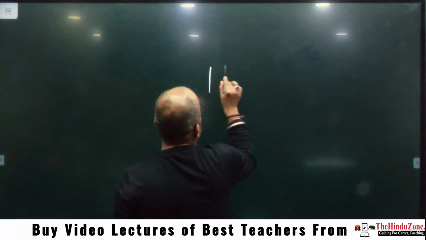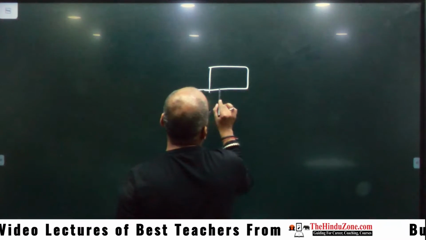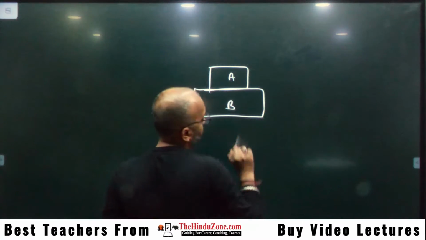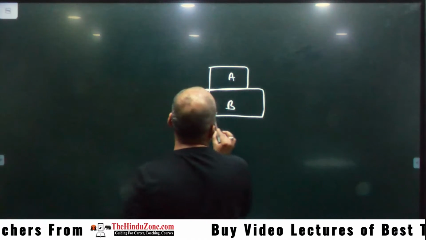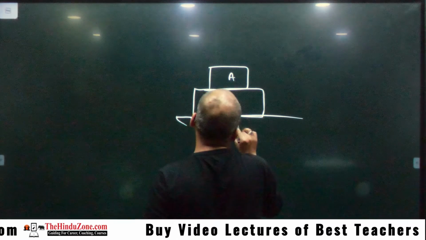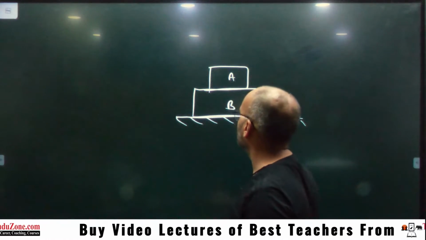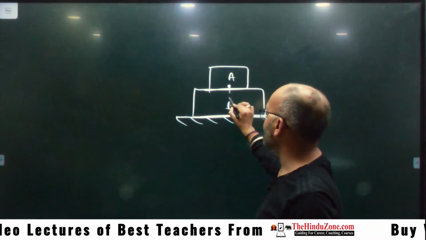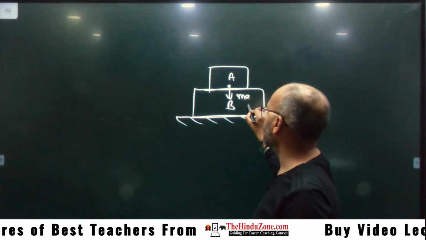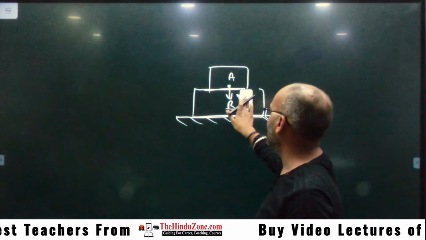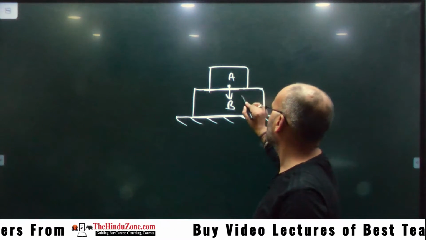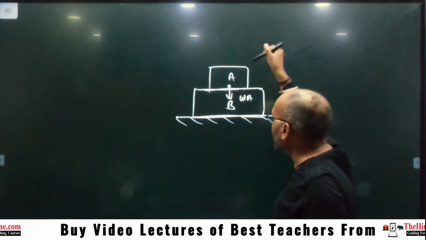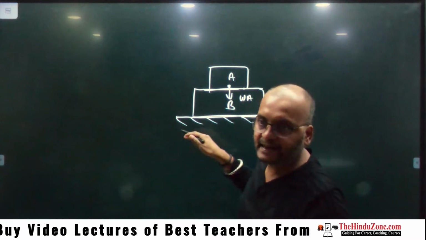Suppose there are two blocks, A and B. Yes or no? So what's going to happen? A is going to apply its weight in the downward direction. Let's write it, weight of A. But A is not going down, it is staying at its place.